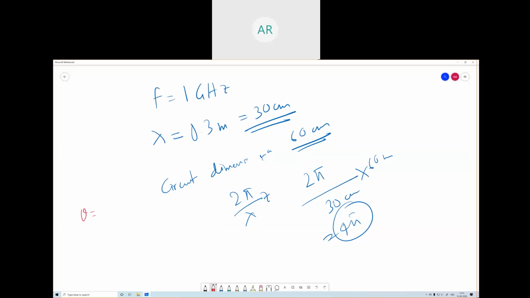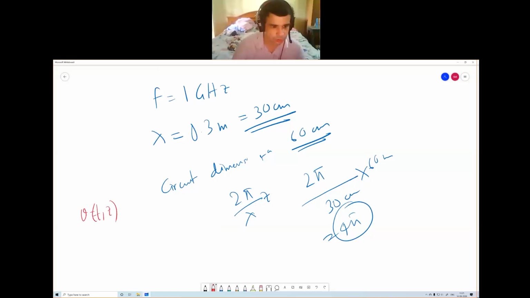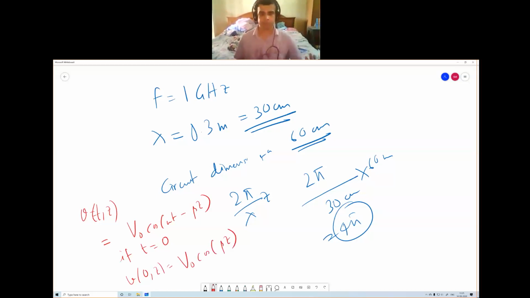V of t and z was V naught cos of omega t minus beta z. If t is 0, V of 0 and z equals V naught cos beta z. Agreed?